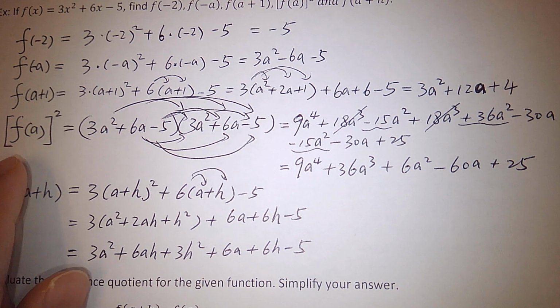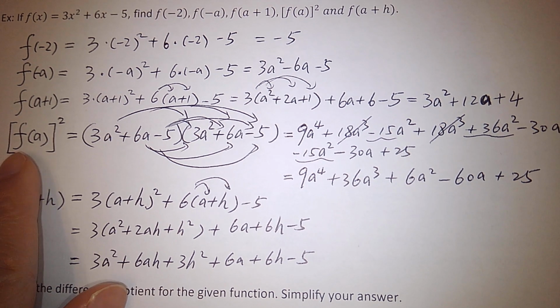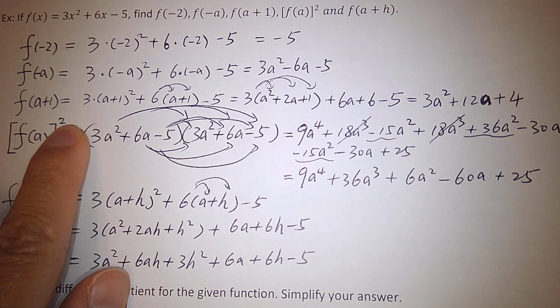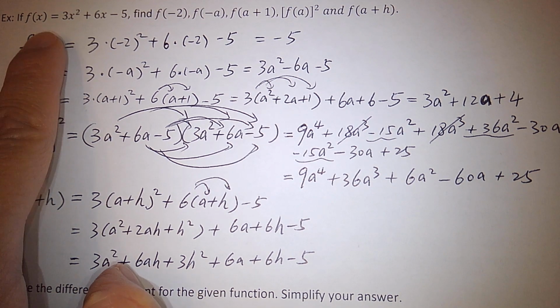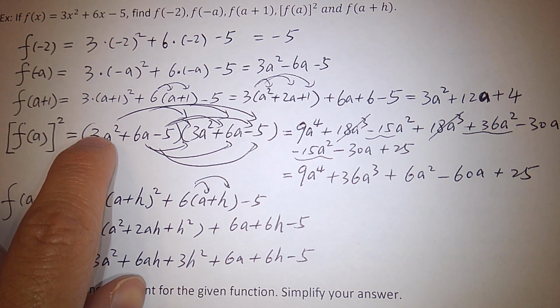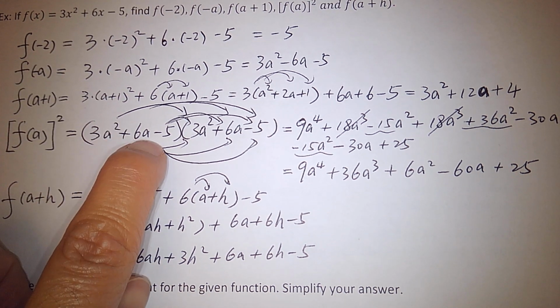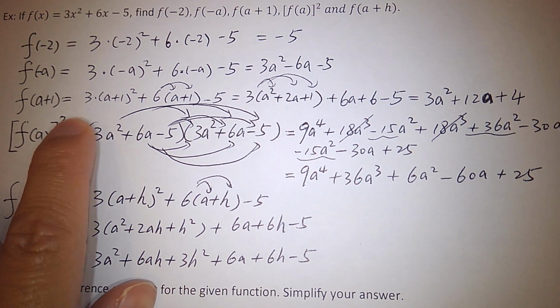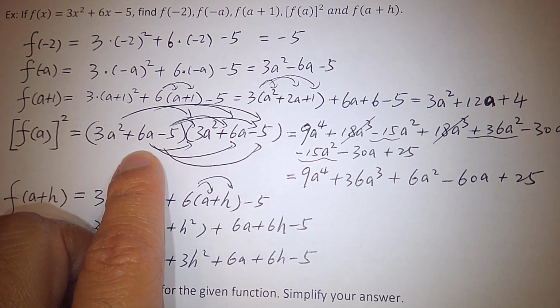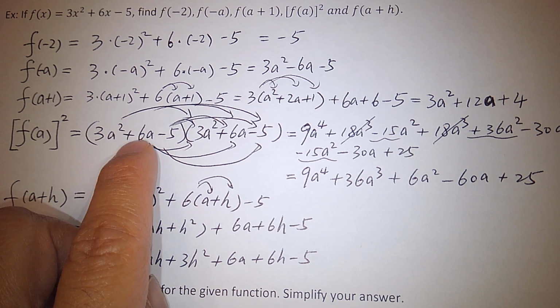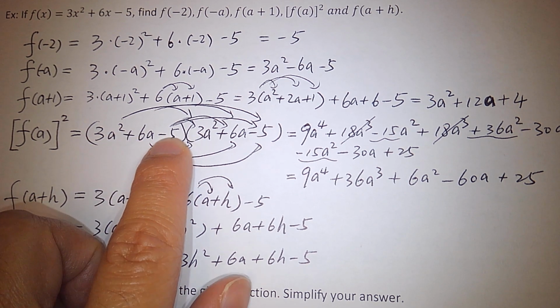Especially number 4 to 5. Number 4, a lot of students are confused about, what is f of a bracket squared? So we start from f of a, right? f of a is when x equals a, which gives us 3a squared plus 6a minus 5. Square of it means we multiply it up, 3 terms times 3 terms.